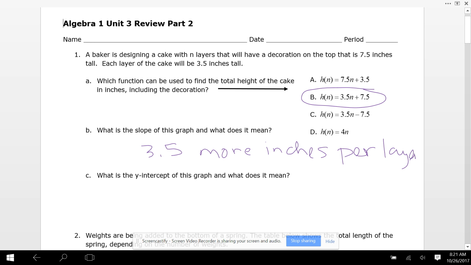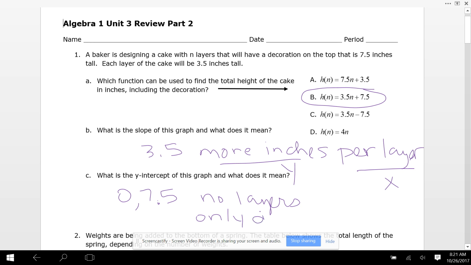So if I was going to make a graph, this would be my x and this would be my y. So the y-intercept would be when there's no layers. It's still going to be 7.5 inches because no layers, only the decoration. It's going to be 7.5 inches.